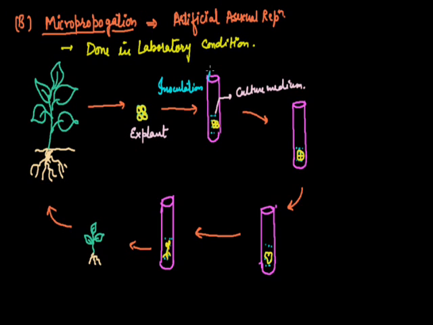As soon as inoculation is over, this test tube should be covered up with cotton. After the inoculation, allow this explant to grow there. After some time you will get a cluster of cells. This is called callus. Callus is also known as an undifferentiated cell mass.